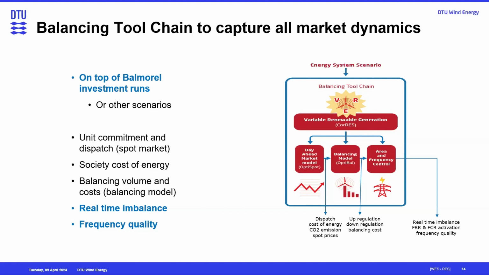The advertisement would come up again and soon again, where we do this looping, so that the balancing market model and the area and frequency control model will feed back to the energy system scenario and tell them that you need to consider this in your scenario modeling. Otherwise, during operational planning, I do not have enough resources. But we do not have a rule of thumb, but more of a systematic methodology to quantify. And I will come to that in the presentation later.